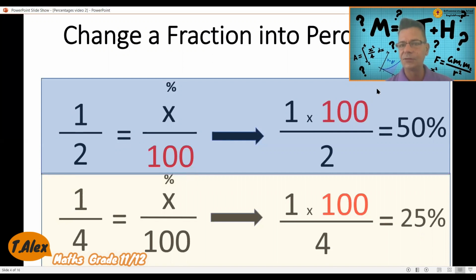Then you can cut 100 and 2 to get 50. And here, the same method, 1 over 4. Take the 100 to the other side. 100 divided by 4, 25. So you divide the numerator by the denominator and multiply by 100.